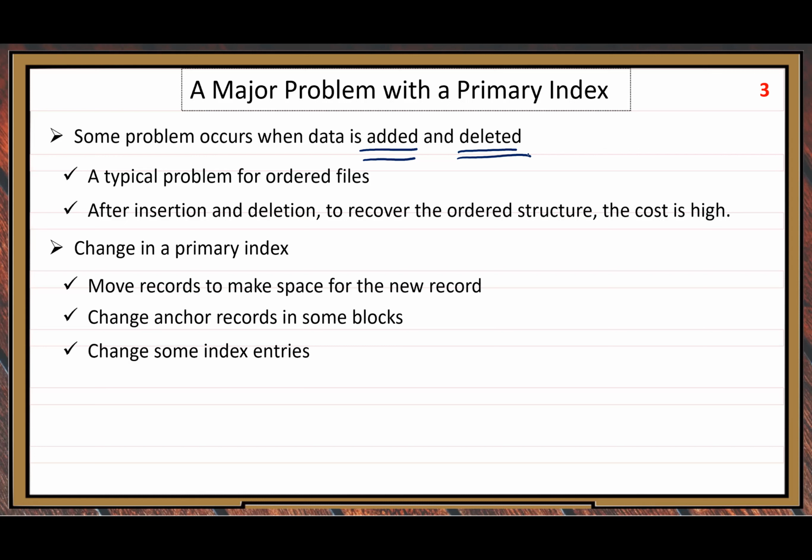So you can see, even if we use the primary index, we actually need to do some important efficiency related work.